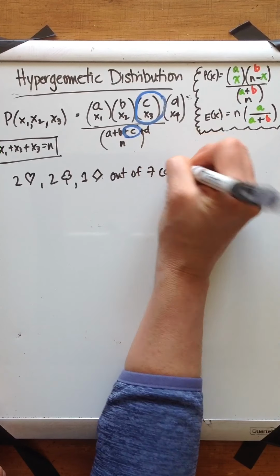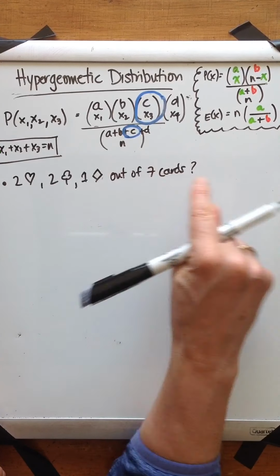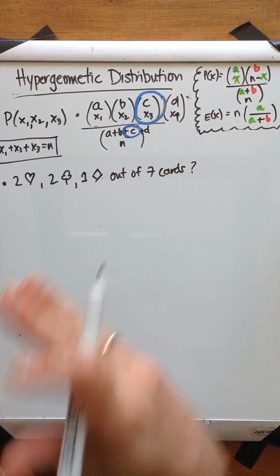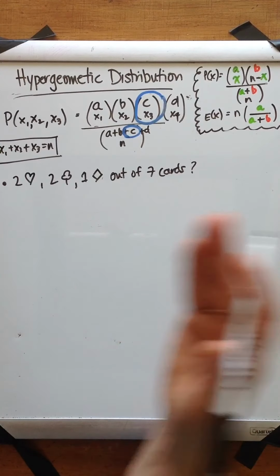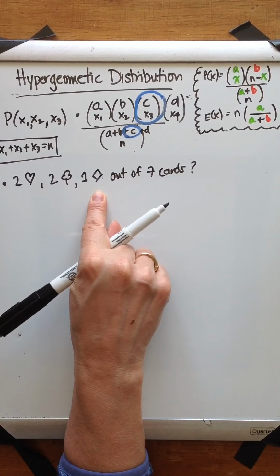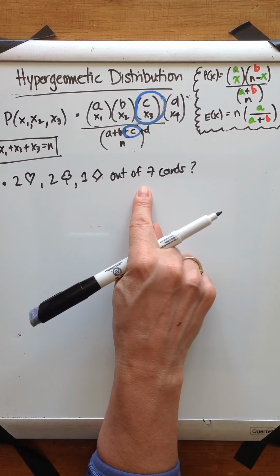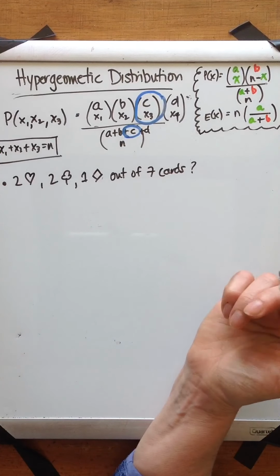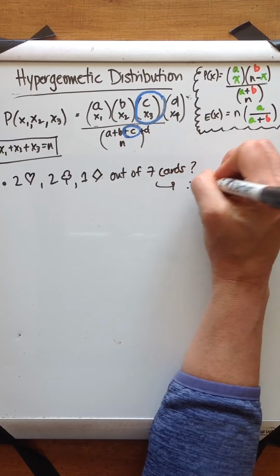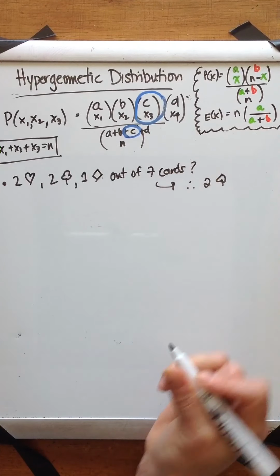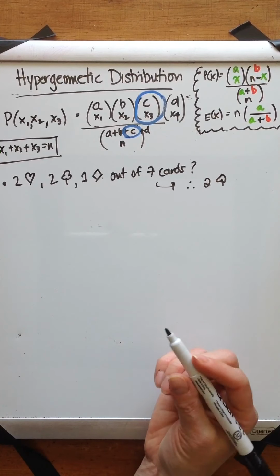So, to put this into context, you've shuffled the deck and you peel off 7 cards off the top, or you pull them at random. What are your chances if you take 7 that you're going to get exactly this configuration? 2 hearts, 2 clubs, 1 diamond, and then the other 2 can be, well, what would they have to be? They'd have to be spades.